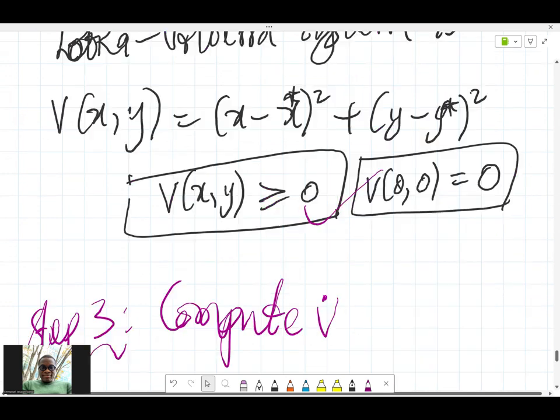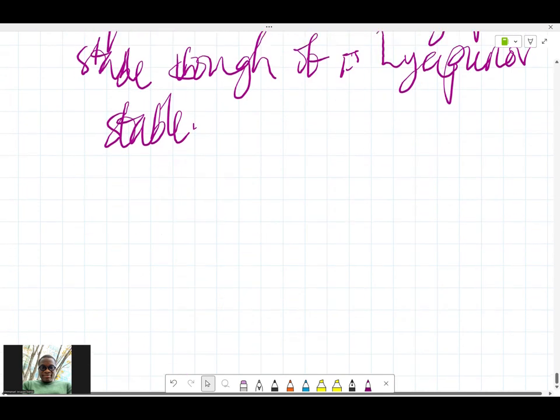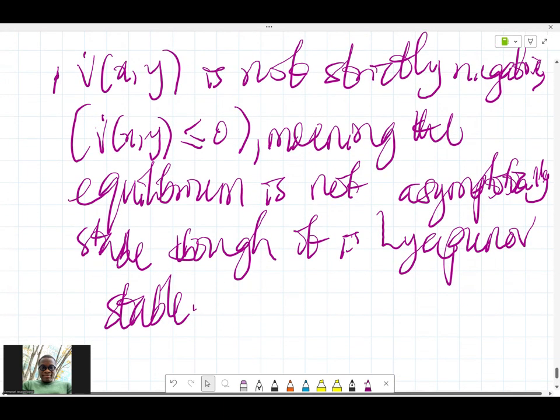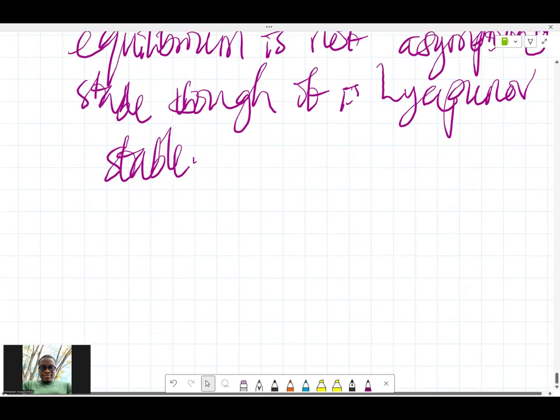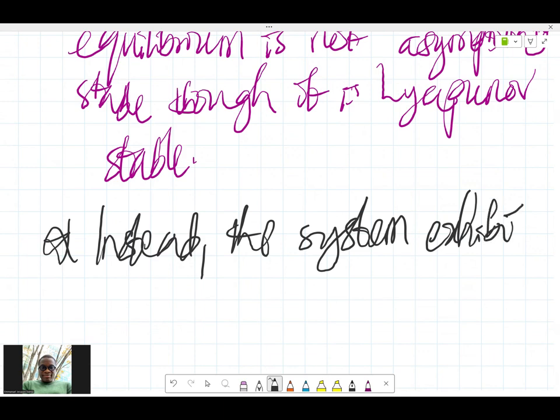With that said, we can then talk about the next point: the system exhibits periodic oscillations.